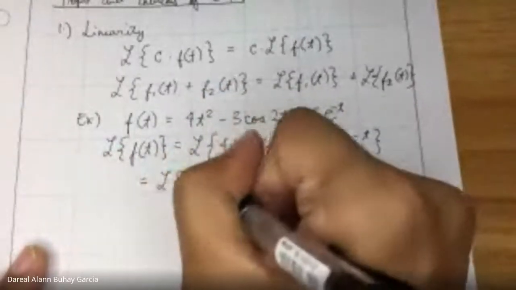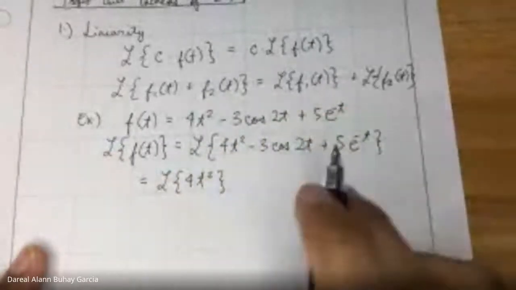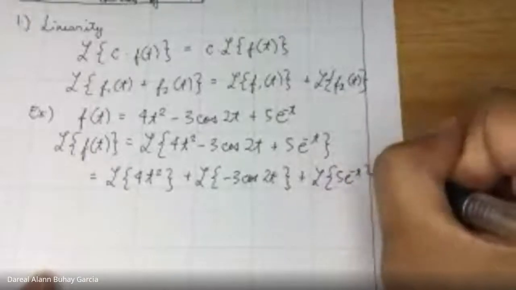Meaning the Laplace transform of 4t squared plus the Laplace transform of negative 3 cosine 2t plus the Laplace transform of 5e negative t. Next, apply the first linearity property: the constant is taken out.